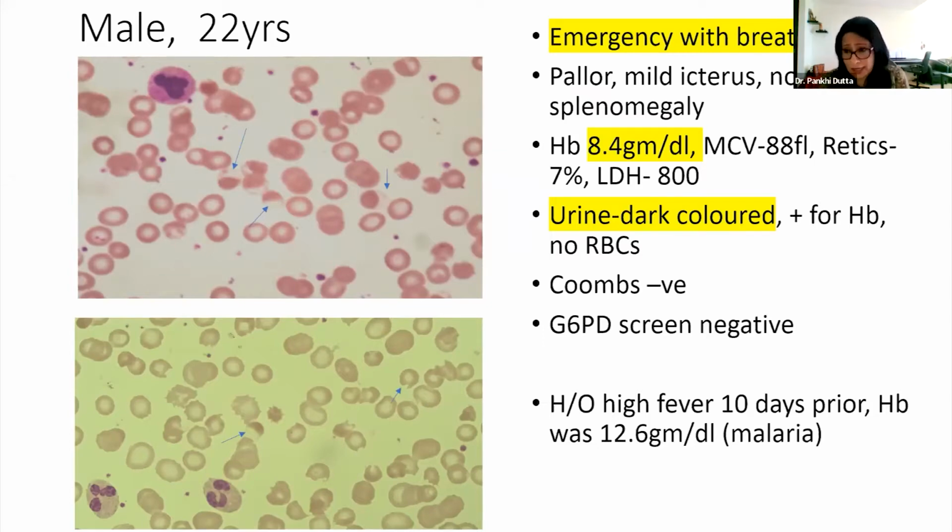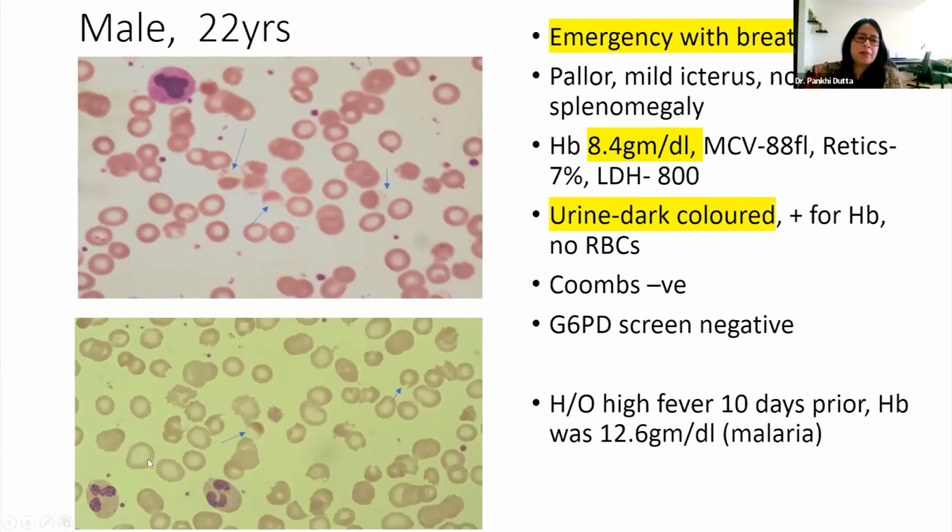He also says he passed dark-colored urine, which was positive for hemoglobin, no intact RBCs, suggesting hemoglobinuria. All this is enough to tell us that this is hemolysis going on. Coombs test almost reflexively we do, and we also did the G6PD screen, which was negative.